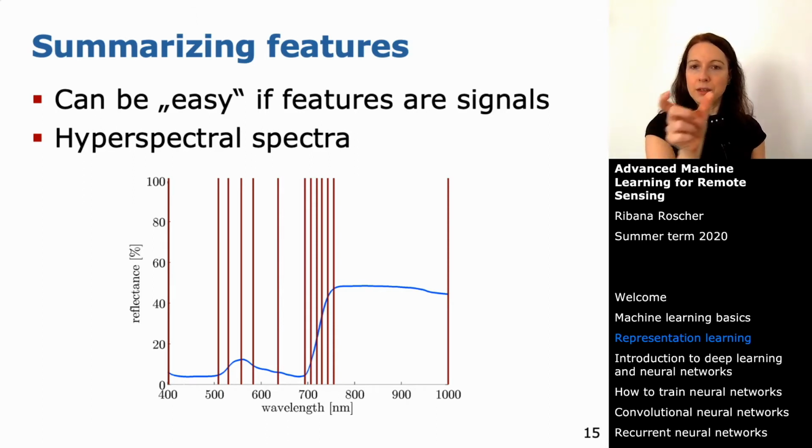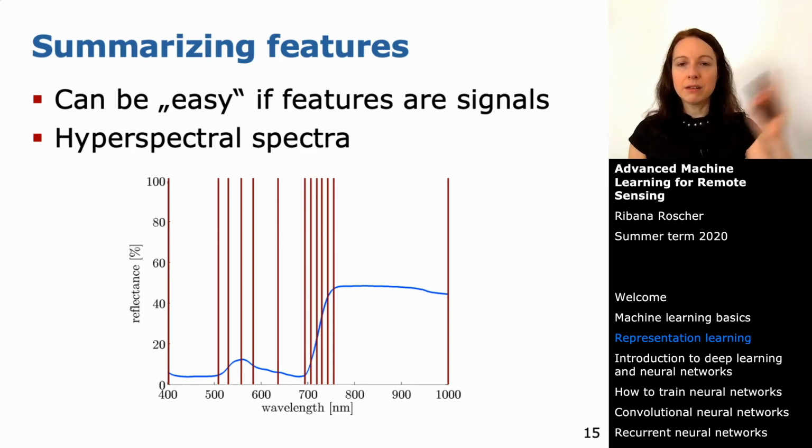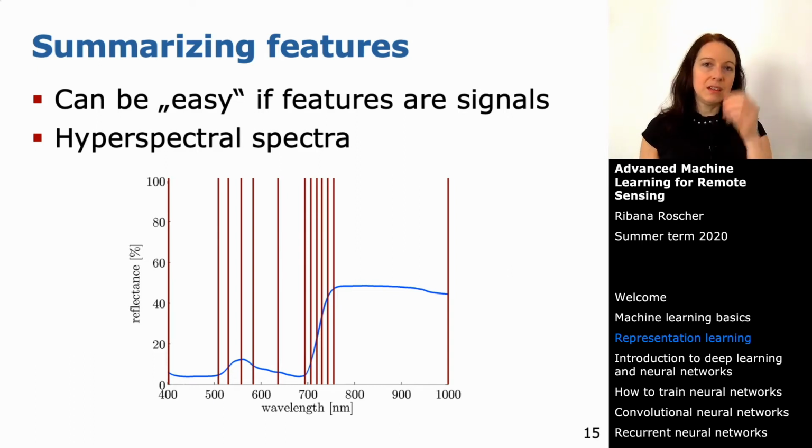But for example, if you go from 800 to 1000 nanometers, you will see the signal will not change a lot. It will give you not more information if you use all these channels, all these bands. So you can just summarize it, for example, by just taking the mean in the specific area. So you can shrink the feature dimension by summarizing a few of these channels.